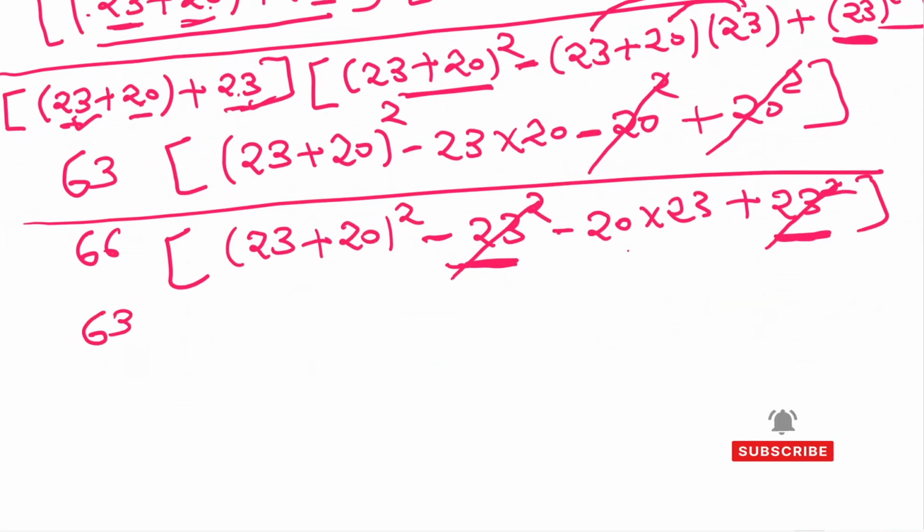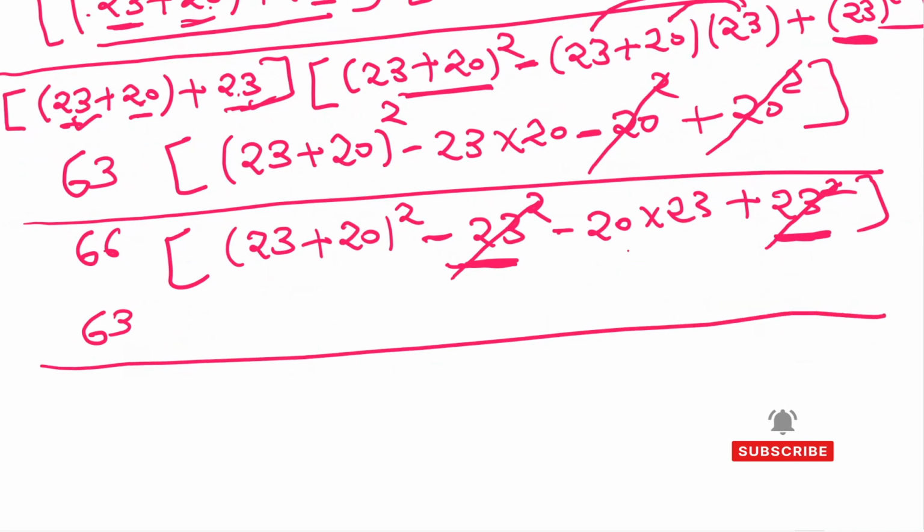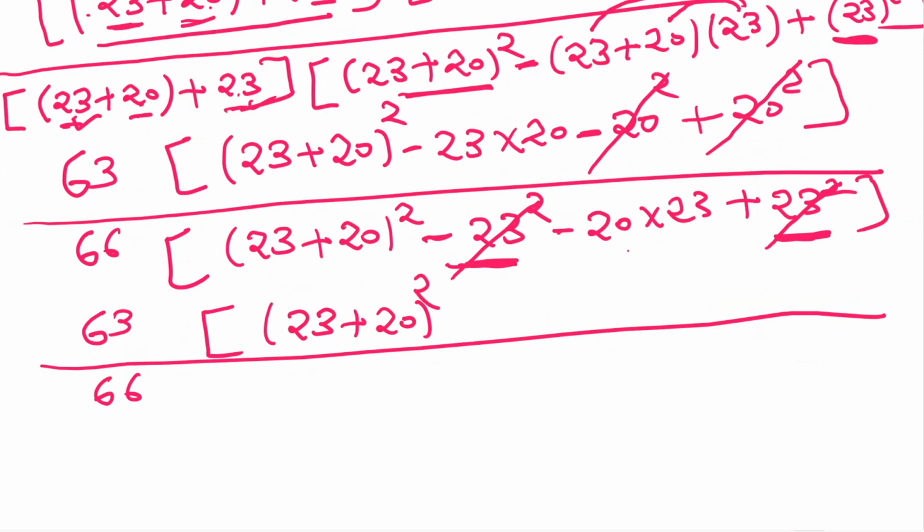So 63 over 66. Now here, the first part as it is, 23 plus 20 whole square. And another part left over is this one, which is 23 times 20.